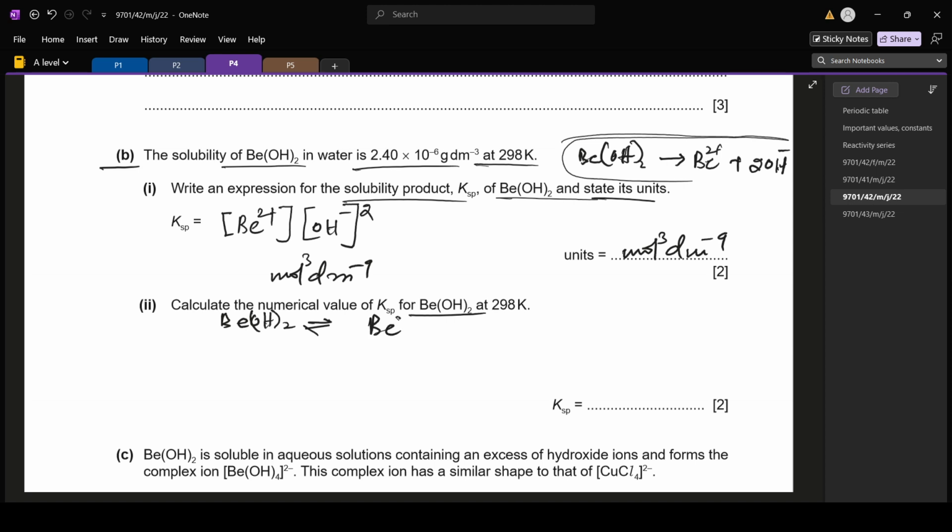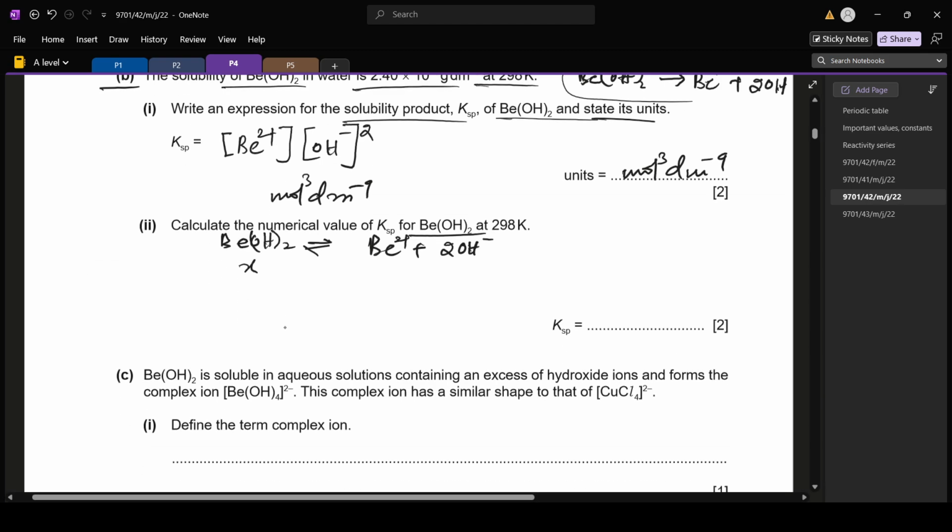It forms barium 2 plus ions plus OH ions. If X moles, or X concentration, of barium hydroxide dissolves, X moles of barium 2 plus ions will form and 2x moles of OH ions will form.